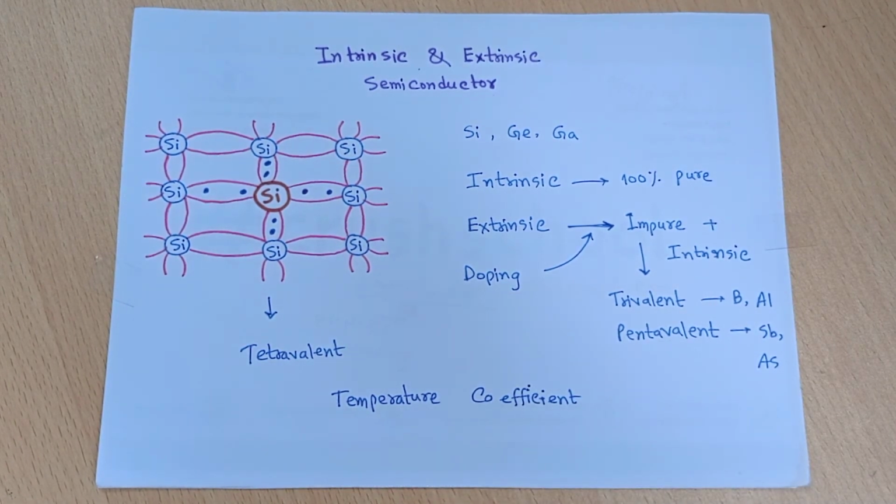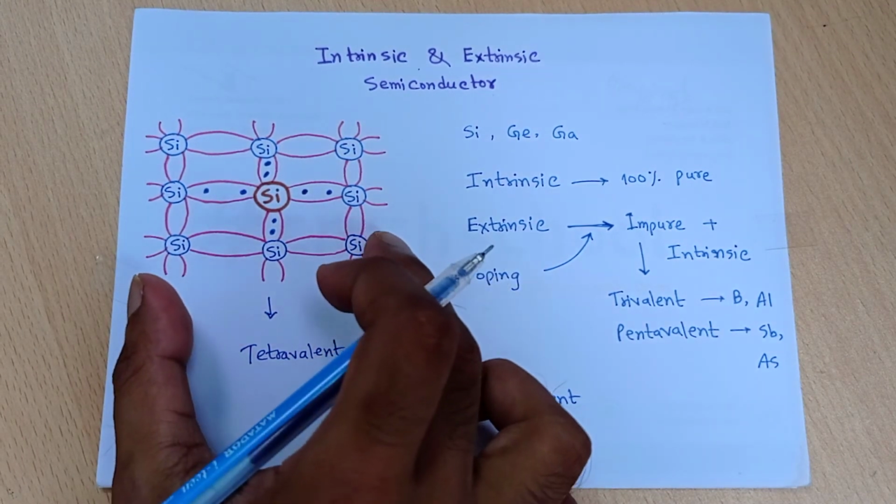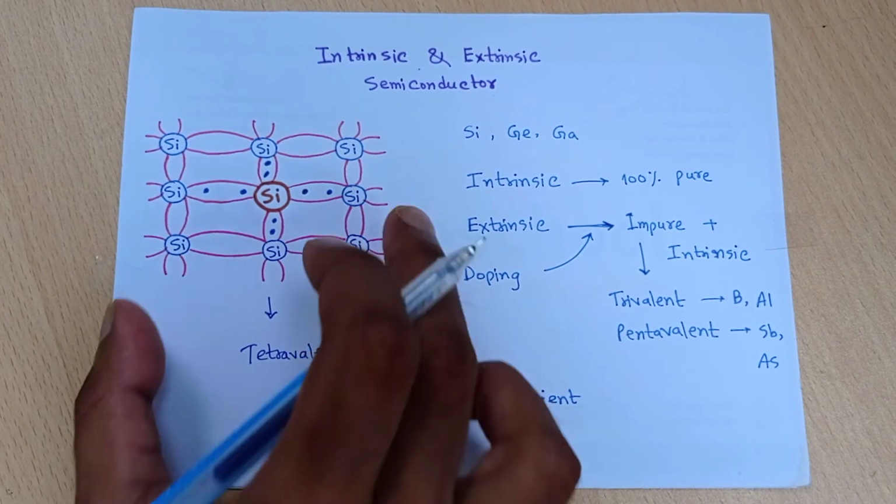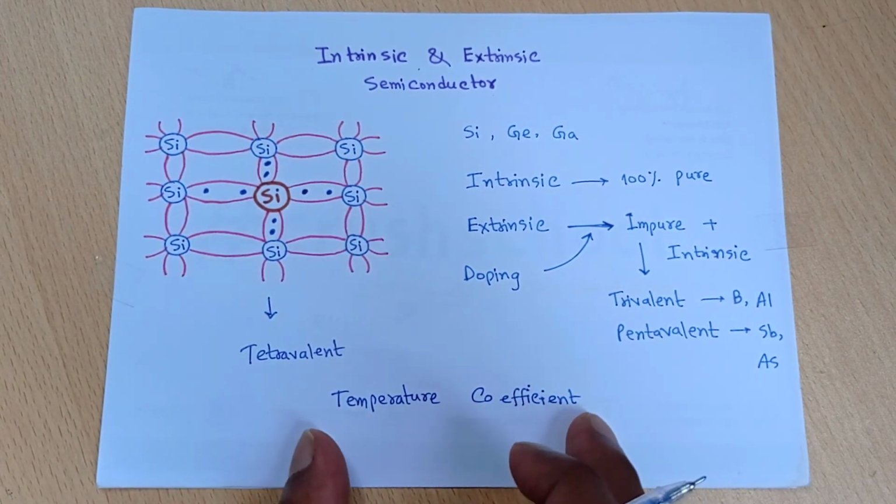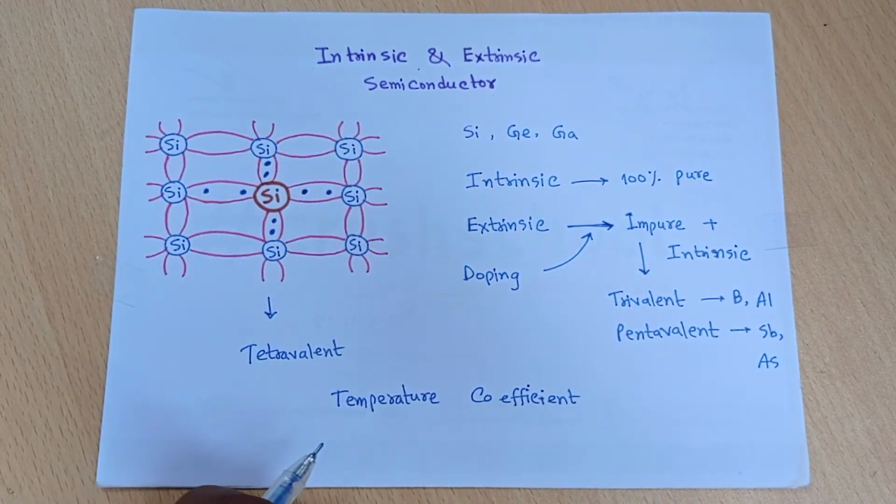Because when we apply heat on a pure intrinsic semiconductor, then the flow of electrons, the flow of current is increasing, so the conductivity is also increasing. So when we apply temperature, the conductivity is increased, so the temperature coefficient of silicon semiconductor is positive.